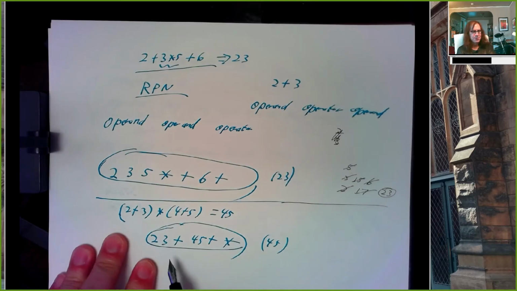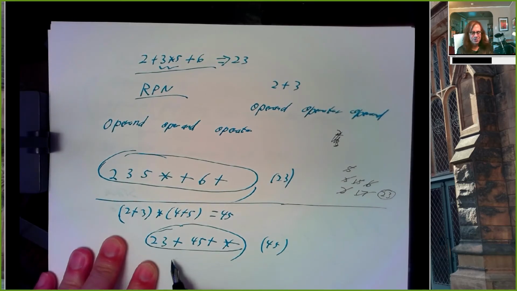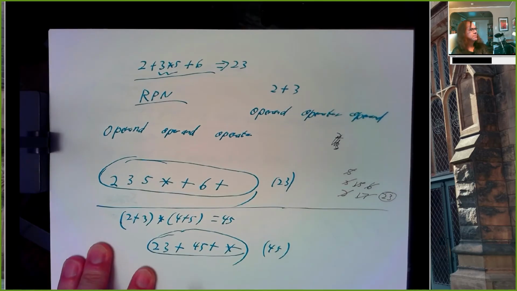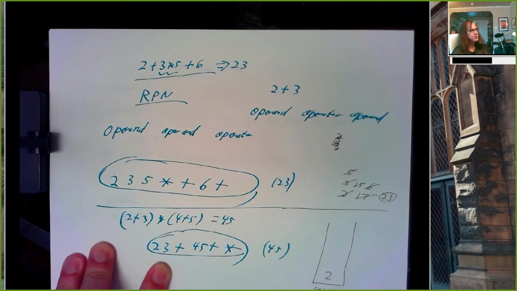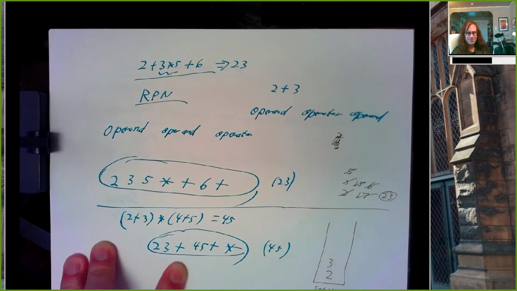All right, so let's go through this one. I'll let you figure out the answers this time. So what did we do with the 2? Here's my stack. Push it to the stack. What do we do with the 3? Push it to the stack. What happens at the plus?